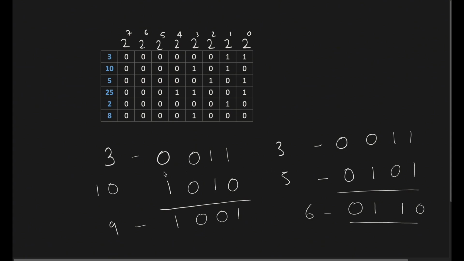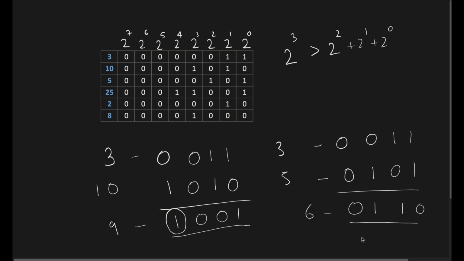This is because the leftmost bit is actually set. For example, in our case, this is 2 cube. 2 cube would always be greater than the sum of all the lower powers, for example, 2 square plus 2 power 1 plus 2 power 0.